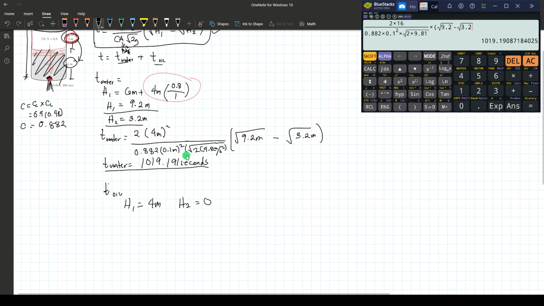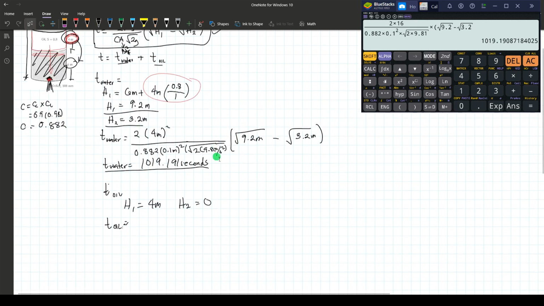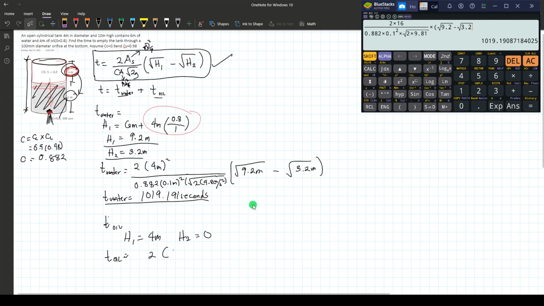So using again the same solution, we have the total time for the oil equals the same values, 2 times 4 squared over 0.882 times 0.1, square root of 2 times 9.81, multiplied by the square root of 4 minus the square root of 0.